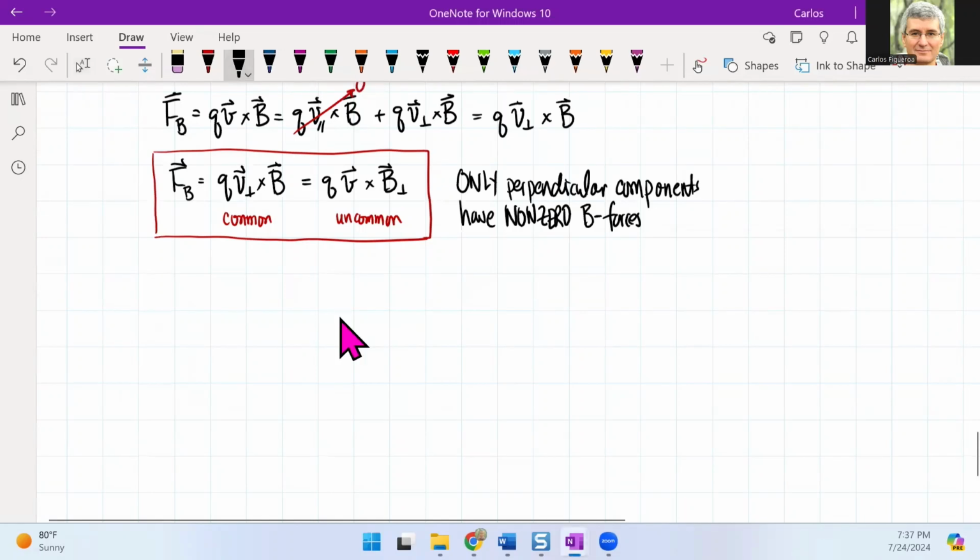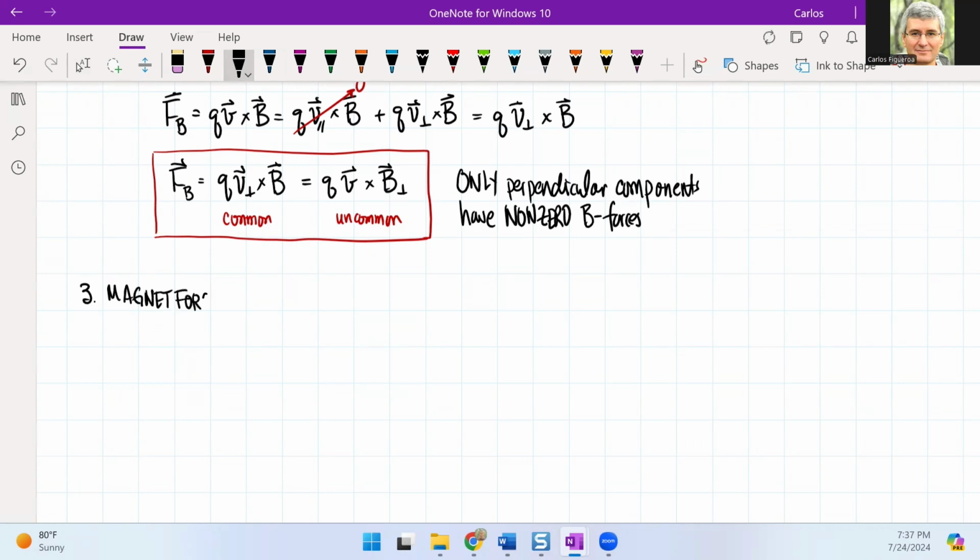One last thing that we want to look at is that magnetic forces do not change the speed of a charge.